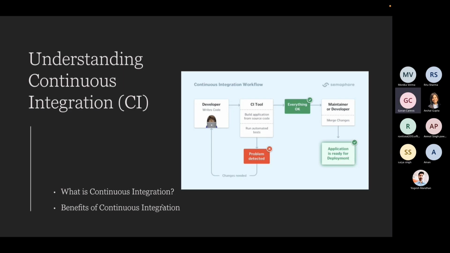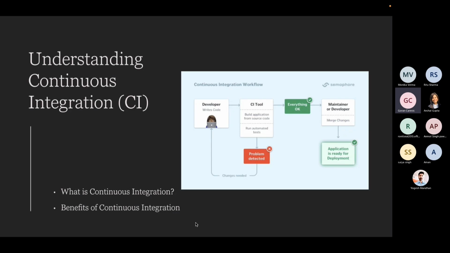Now, some of the benefits that continuous integration allows are faster feedback on code changes. It will allow for quicker identification and resolution of potential issues.